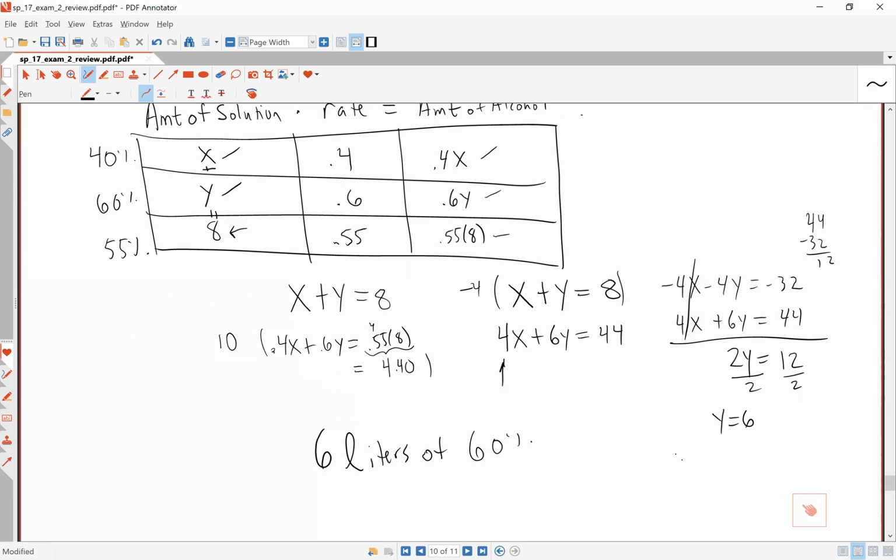And we're making 8 liters. And so then that's 2 liters remaining of the 40%. So 6 liters of 60% and 2 liters of 40%.